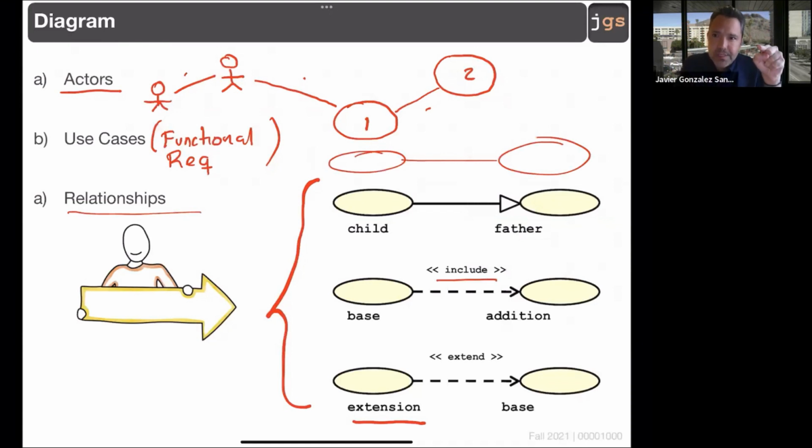Inclusion is new, and extension, I need to tell you, is not extend like inheritance. It's a different thing. We need to talk about it. Inclusion and extension, both with the dashed line, both with an arrowhead. I'm going to talk about them in detail.